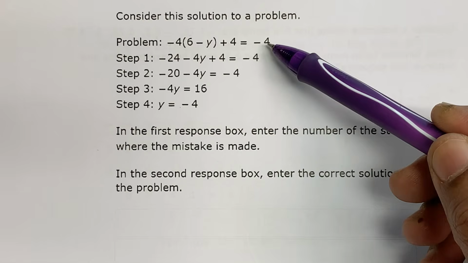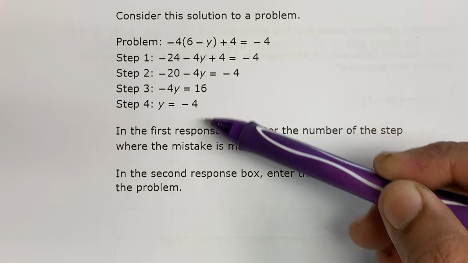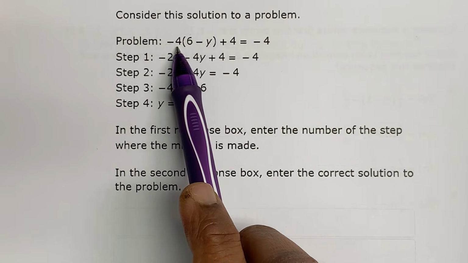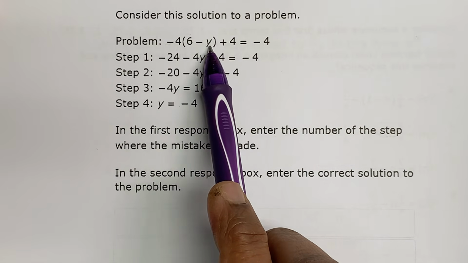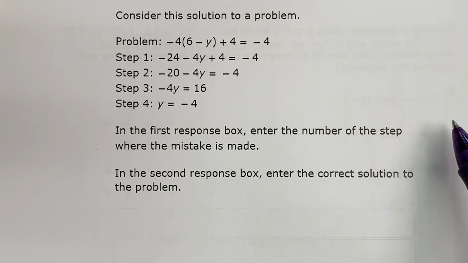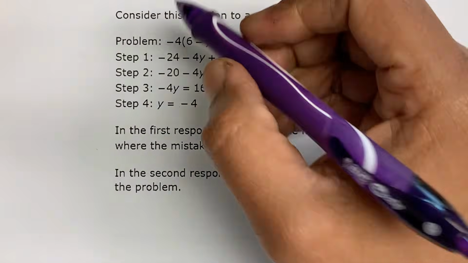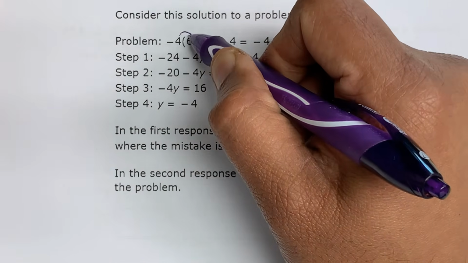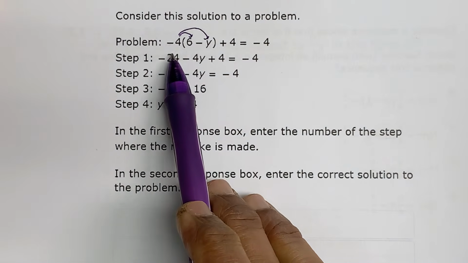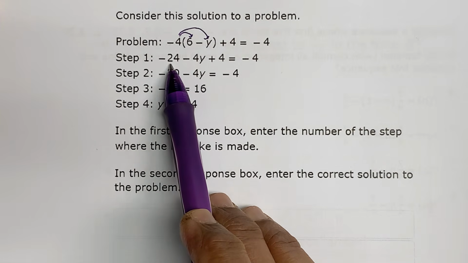Let's go through the steps and figure out where the mistake is made. The problem is negative 4, parentheses, 6 minus y, plus 4 equals negative 4. If I was to do this question, the first thing I would do is start distributing. Negative 4 times 6 is negative 24.